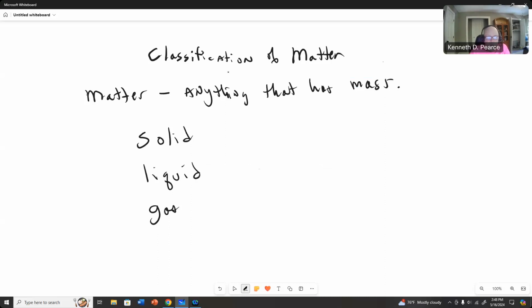Now, some people would say plasma is a type of matter, and it sort of is and sort of isn't. Plasma is a gas. To be a plasma, you have to be a gas. So to me, plasma is gas. It's also ionized in the sense we have plus and minus charges in a plasma.